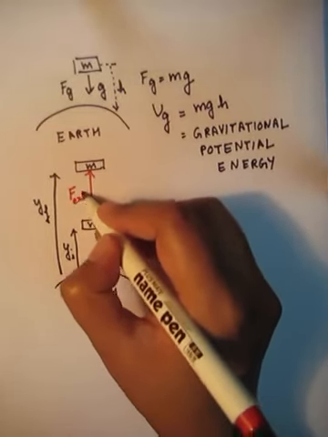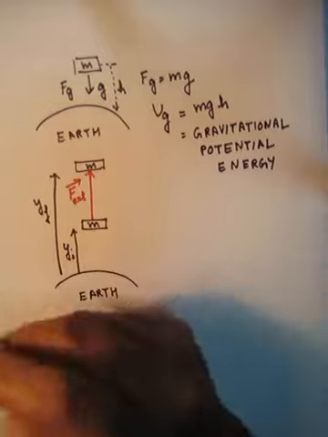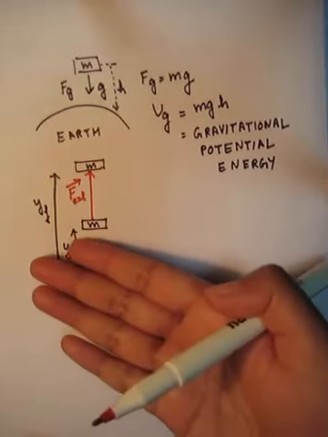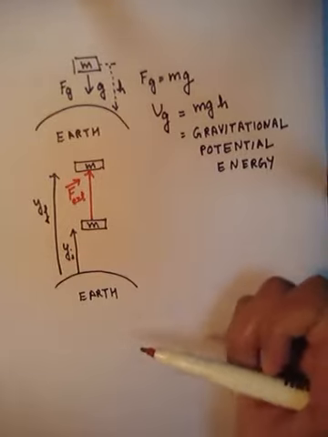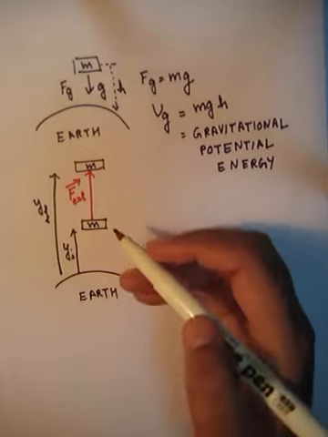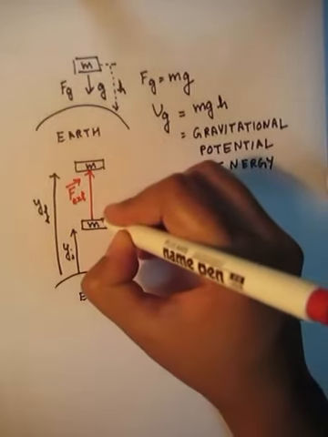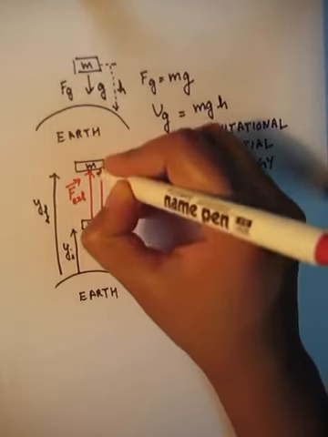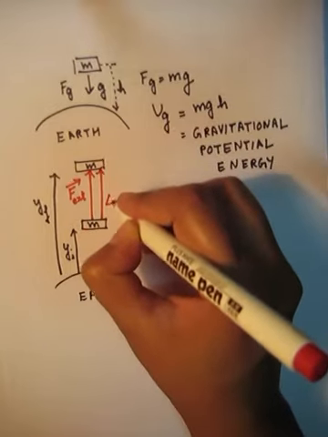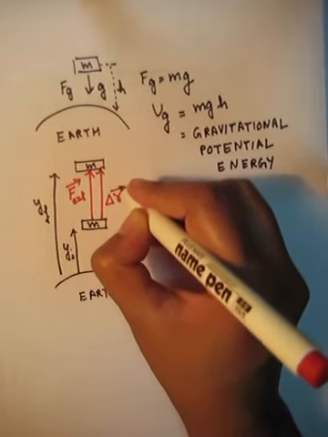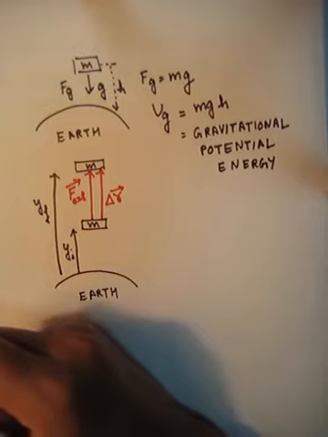So let us say it is some external force which we are using to lift this object from one point to other. Okay, and because we are moving in the upward direction, this will be the displacement vector in this case.